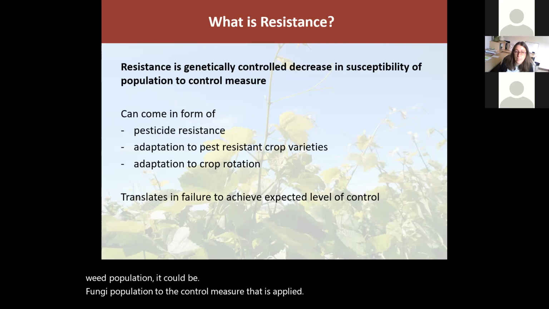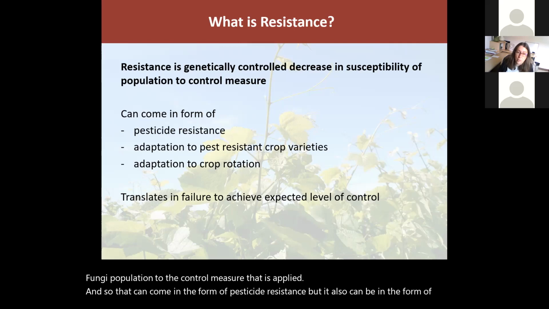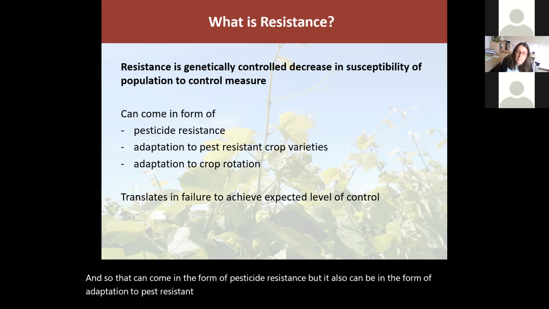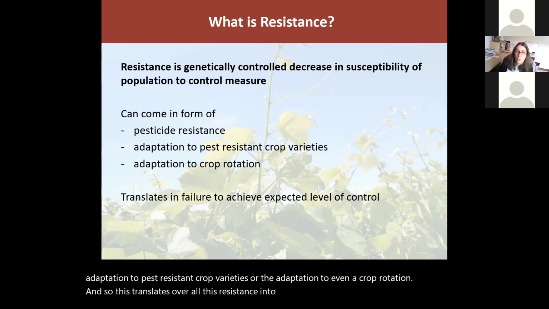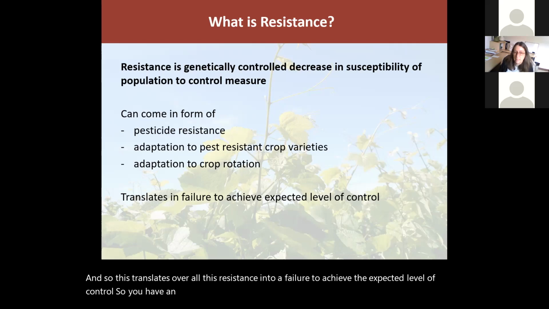That can come in the form of pesticide resistance, but it also can be in the form of adaptation to pest-resistant crop varieties, or adaptation to even a crop rotation. Overall, this resistance translates into a failure to achieve the expected level of control. So you have an expectation and you're not able to meet that expectation with the control measure you're using.